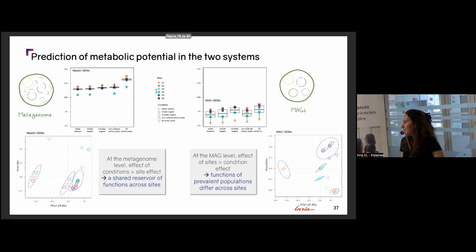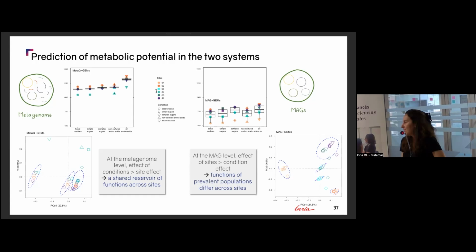And this is not what we get when we look at the genome level, so the MAGs. The MAGs represent prevalent populations that were abundant enough so that we could reconstruct that genome during the assembly process. And here, the content of producible metabolites would cluster by color and not by condition.